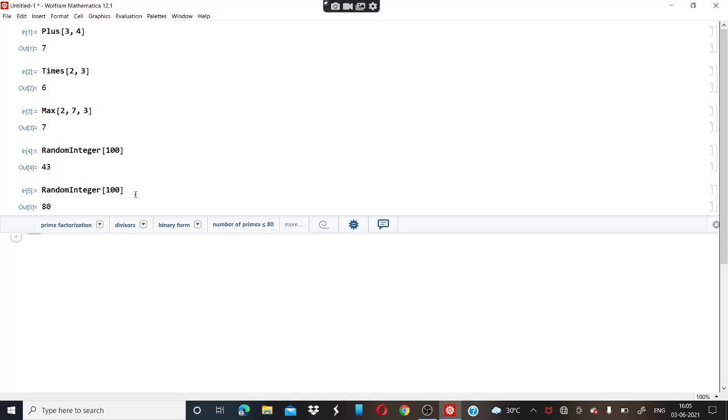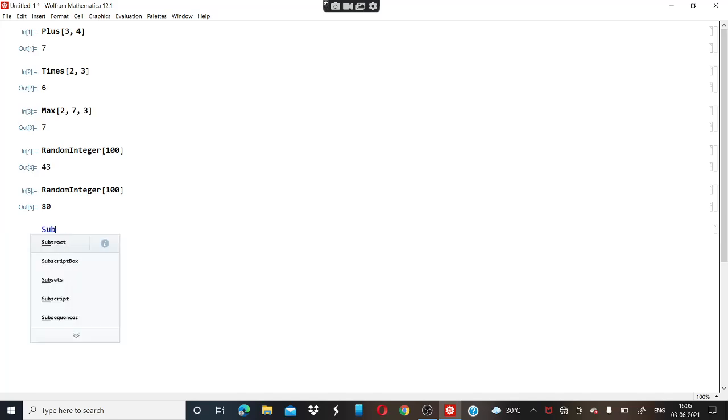Now there are other signs too. If we want to subtract something, you can use Subtract, like I will tell you here. For example, if you are asked to subtract 5 minus 2 and you have no minus sign, you can use Subtract, then the big bracket, and you will write 5 comma 2.